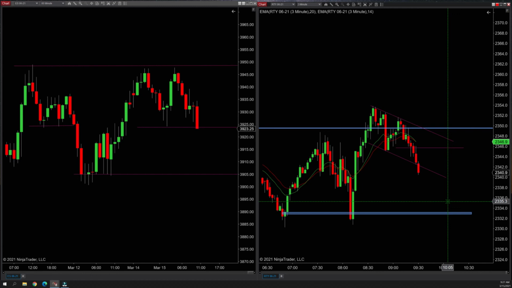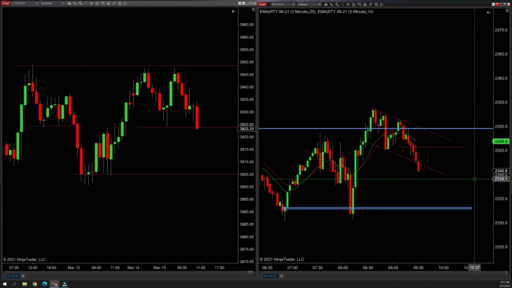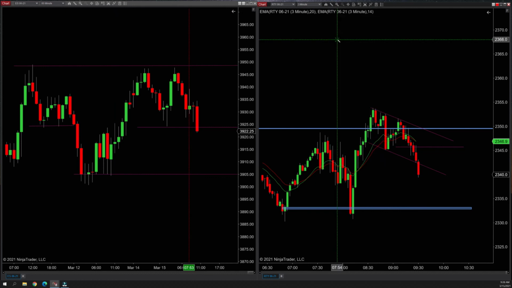It's very important when you're trading like this to think not in terms of money, but in terms of what your return is relative to your risk. So I'm up almost $2,000 now, but I'm not up even 1.5 times my risk.